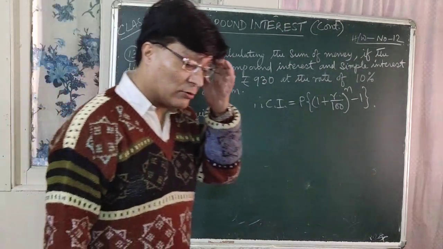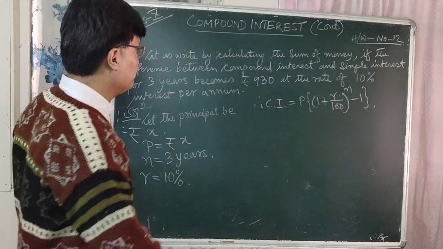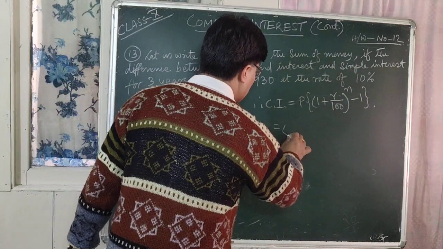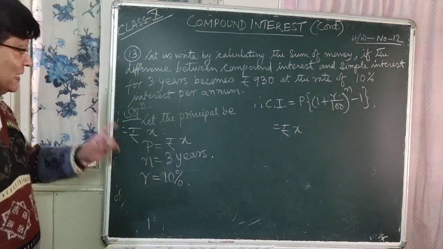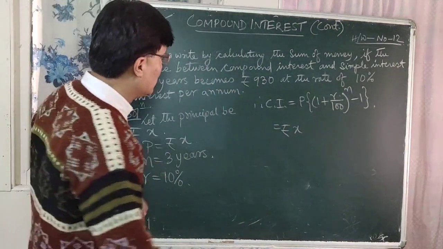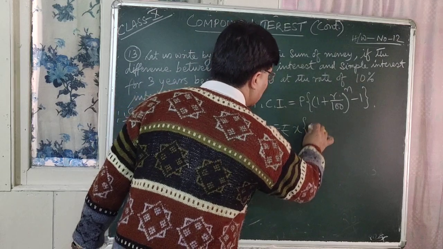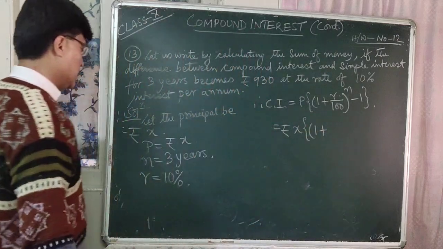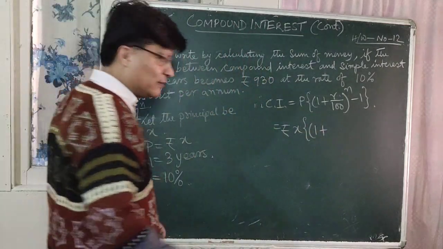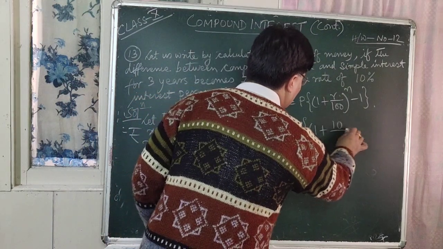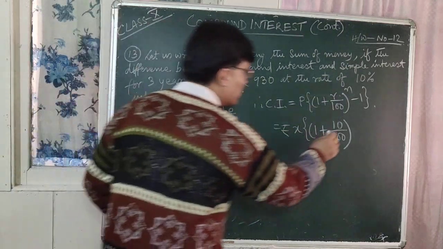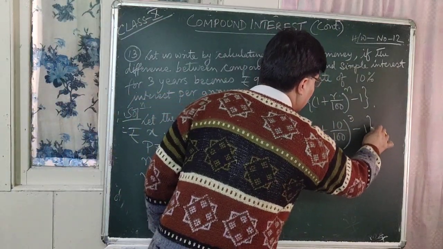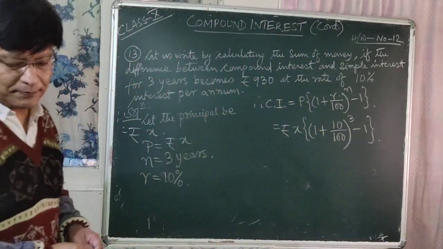Now let us find this compound interest. It is equal to rupees, the principal we have assumed as X, within second bracket 1 plus 10 by 100 whole to the power 3, then minus 1.